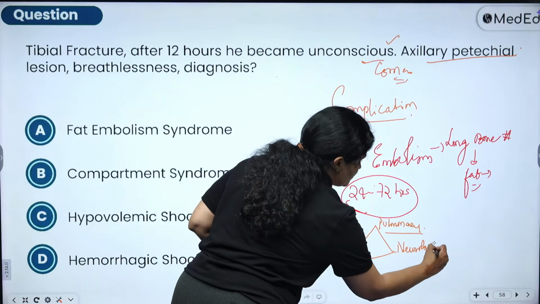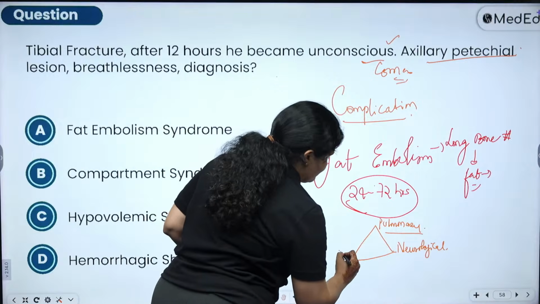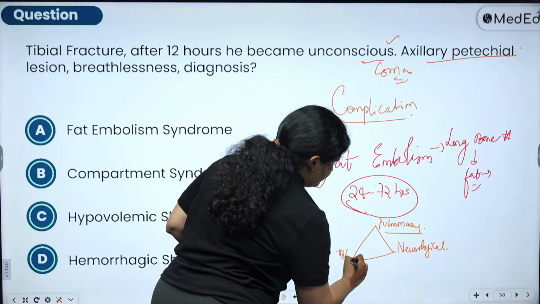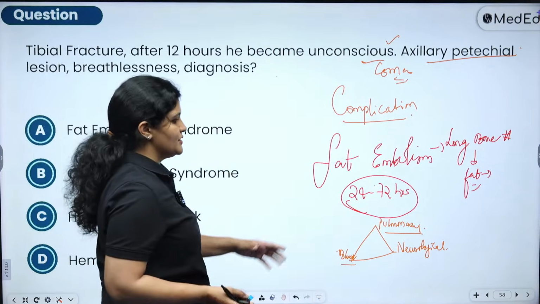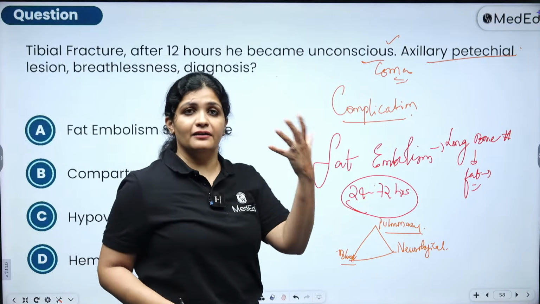The patient presents with all the symptoms. So pulmonary, neurological, and there is a fat embolism, so there is an involvement of the blood. The fat globules will sit in the blood and cause systemic effects, and they might result in retinal hemorrhages as well.